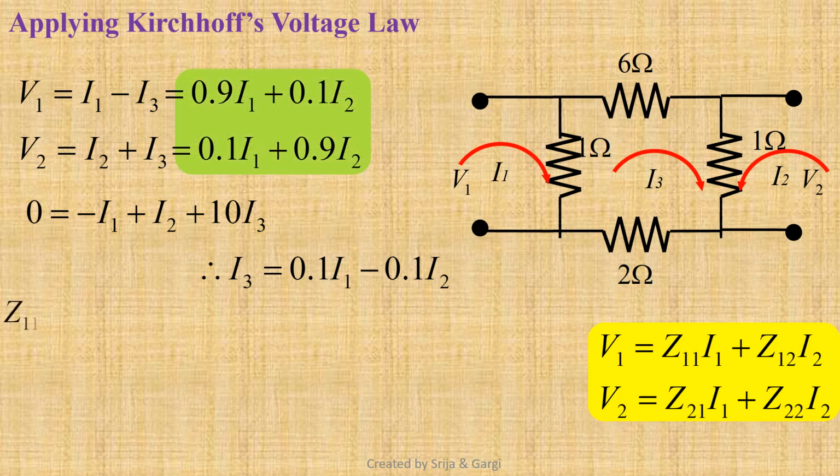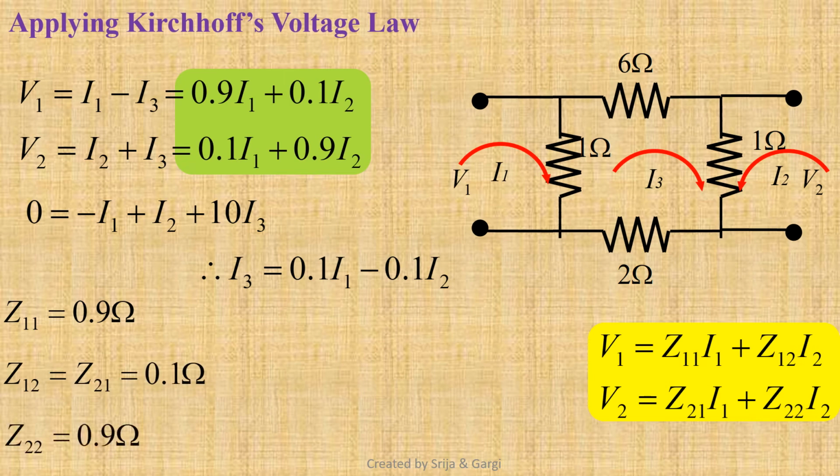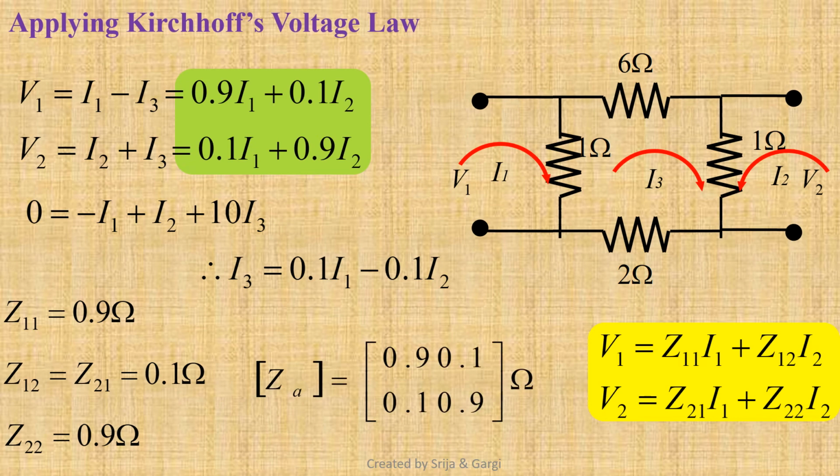Comparing these two sets of equations, we get Z11 equals 0.9 ohm, Z12 equals Z21 equals 0.1 ohm, Z22 equals 0.9 ohm. Therefore, we can write the matrix of ZA equals the matrix of 0.9, 0.1, 0.1, 0.9 ohm.